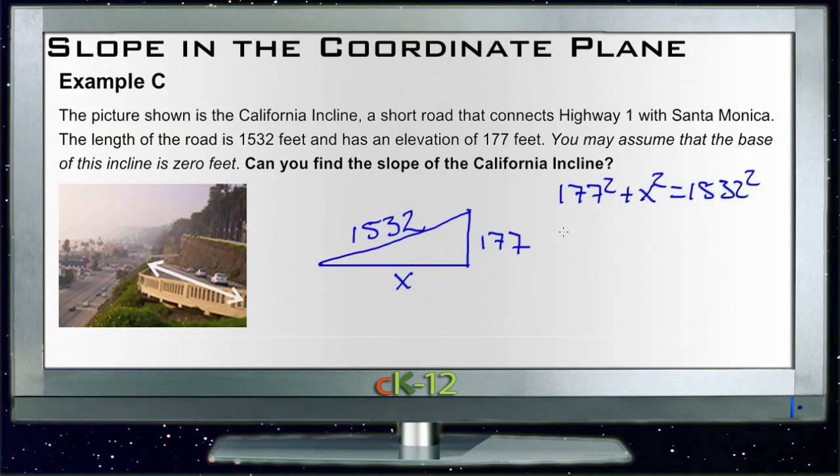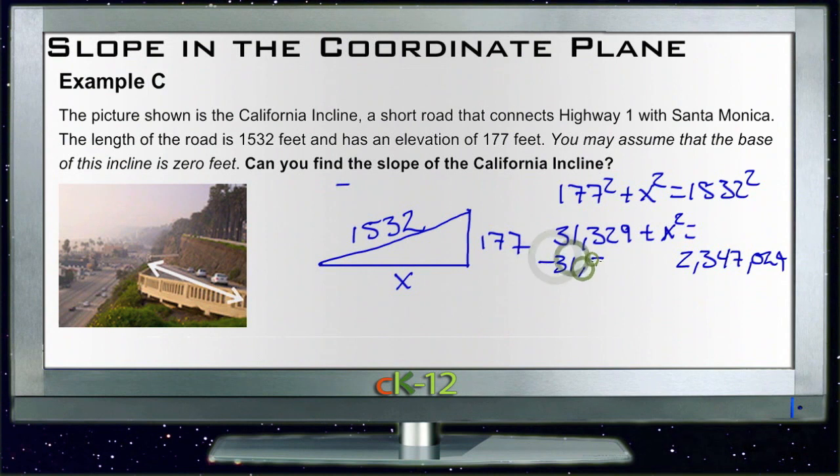If we punch that into a calculator, we get 31,329 plus x squared is equal to 2,347,024. So then we're going to have to subtract 31,329 from both sides.